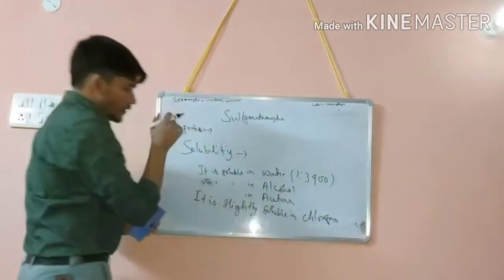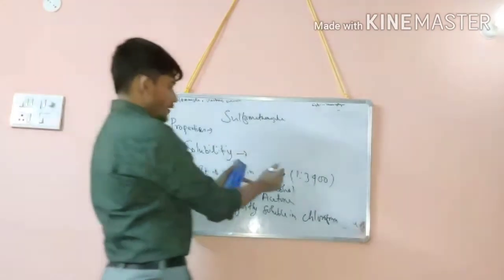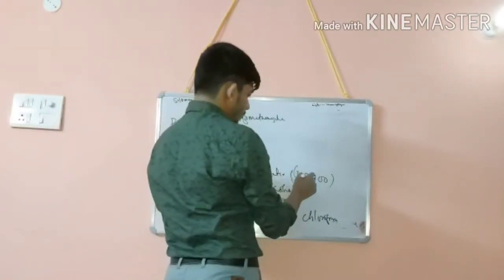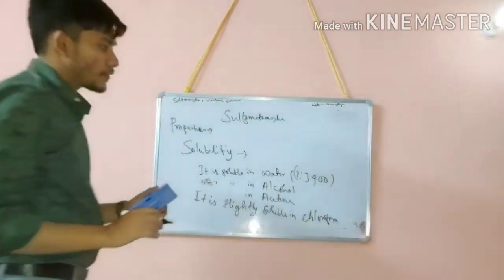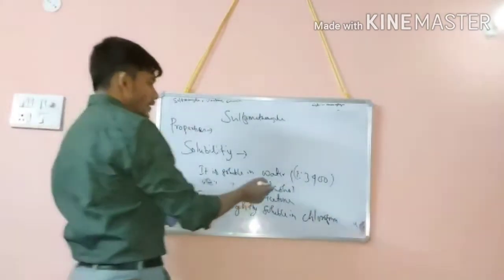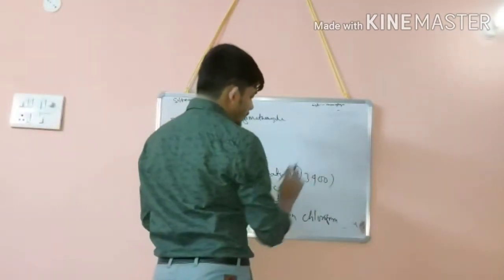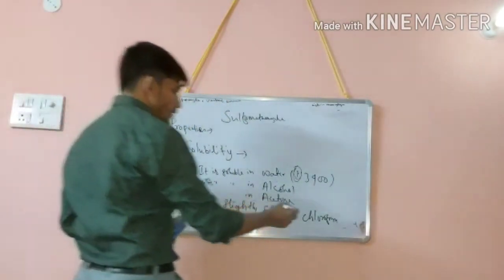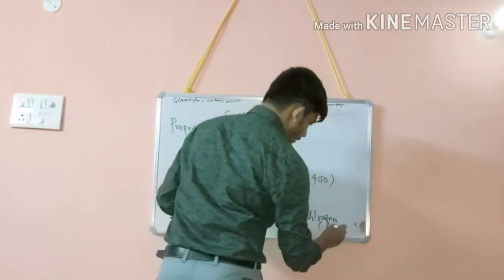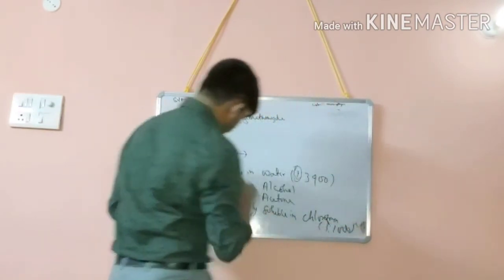Whenever you see the solubility in water, that is one part, this 1:3,400. This 3,400 means one part is soluble in 3,400 parts of water. In chloroform it is 1:1,000 parts.